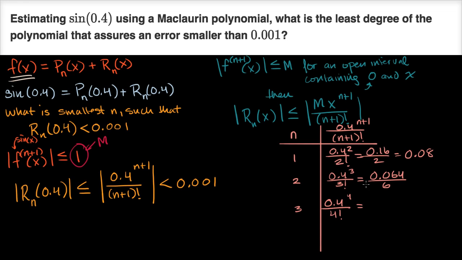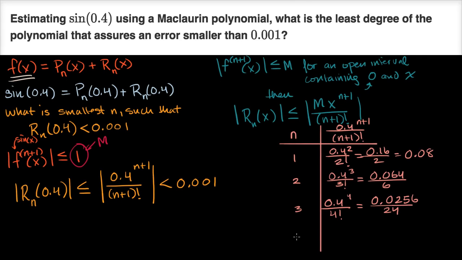And we're going to have 4 digits behind the decimal. 0.0256 over 24. We're almost there. This is going to be a little bit more than 0.001. So that doesn't do the trick for us.